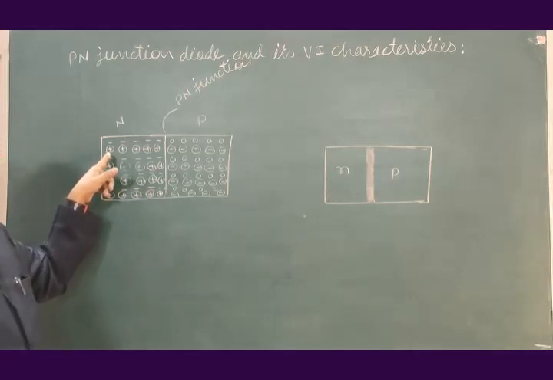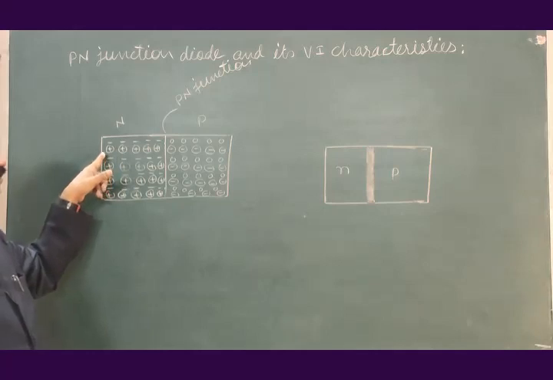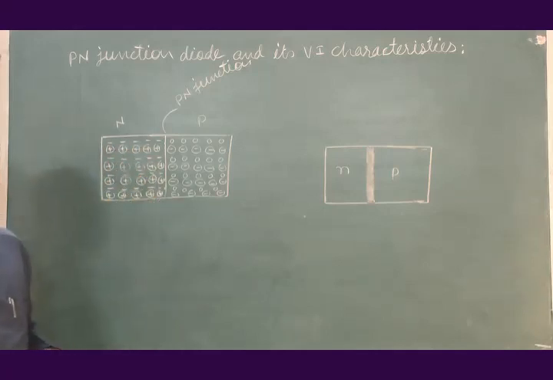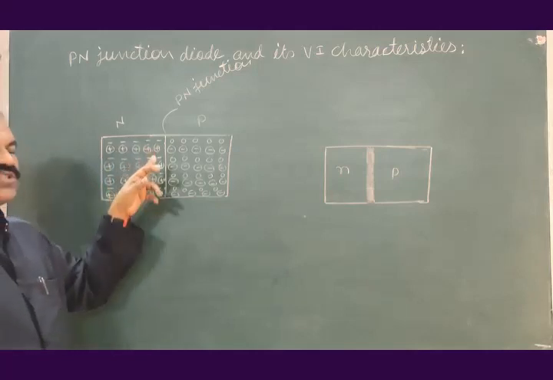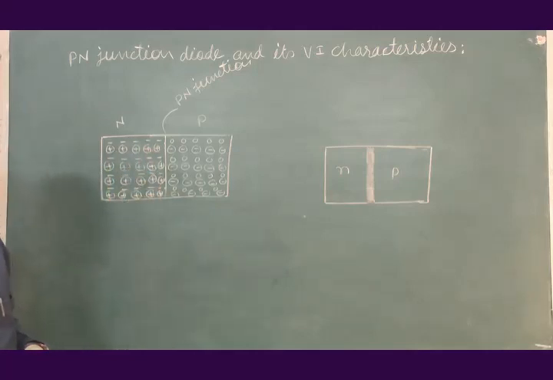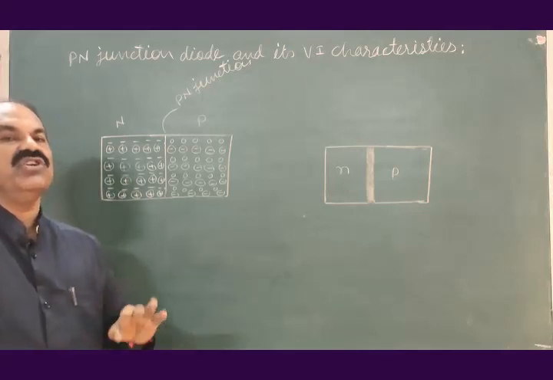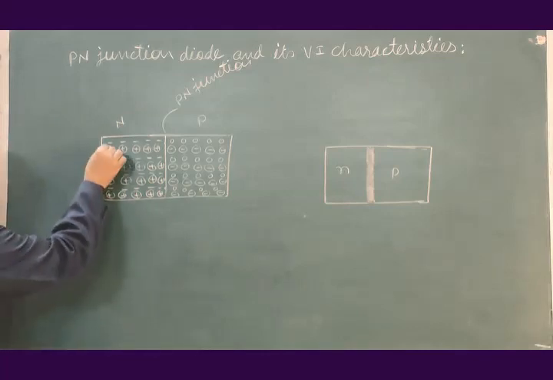A plus sign in a circle, plus sign in a circle. All these plus signs in a circle correspond to immobile positive ions due to donor impurity. What is this?